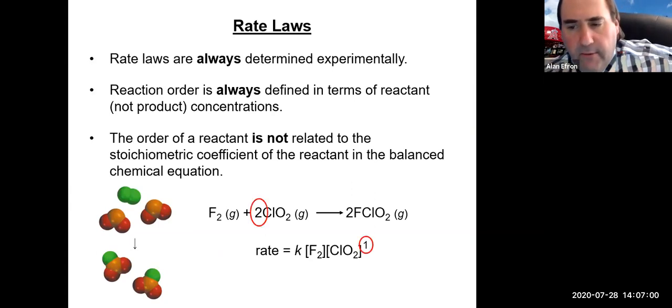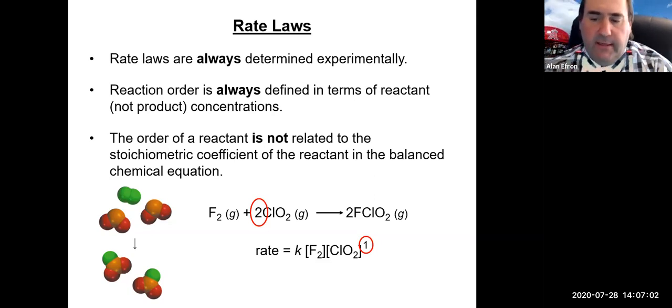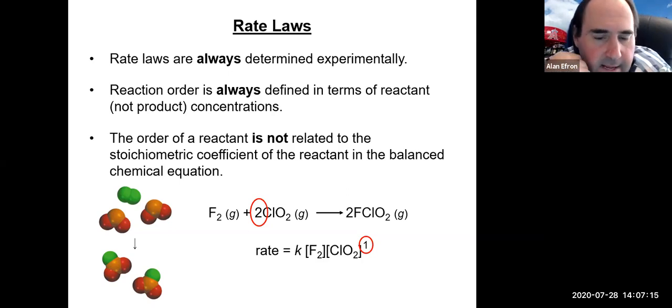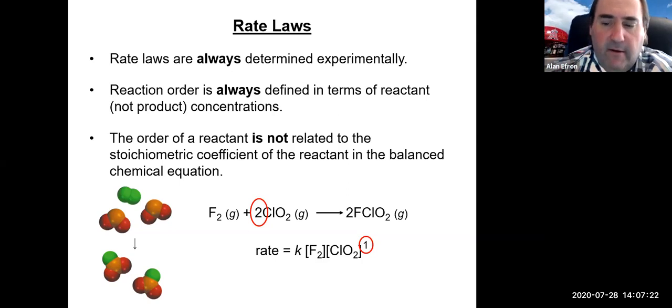Again, rate laws are always determined experimentally, which means, as we see with this particular table here, you will usually be given some type of information in a table in these type of problems. The rate law is always in terms of reactants, so no products involved in our rate laws. And as we saw with this particular example, the order of ClO2 does not match the coefficients.